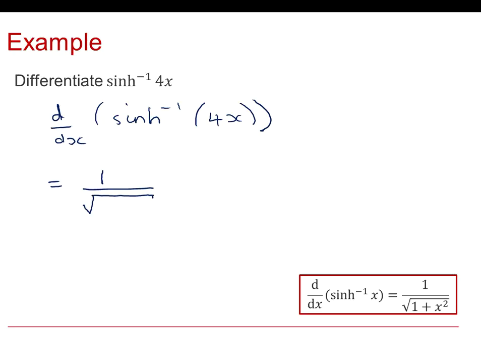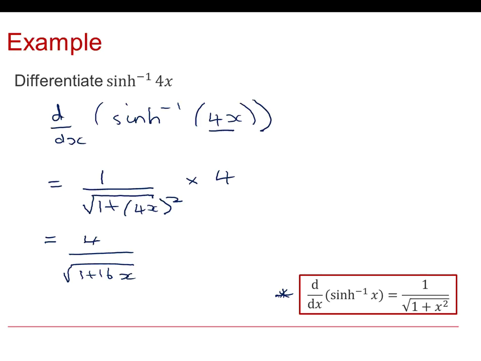So that would give me, using this result we had earlier, 1 over the square root of 1 plus 4x squared, and then I would need to multiply by that factor of 4. This gives me then 4 over square root of 1 plus 16x squared.